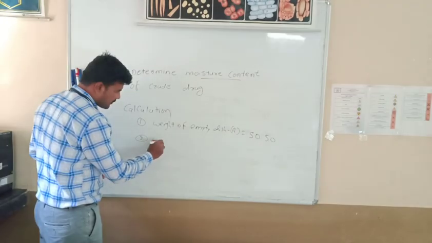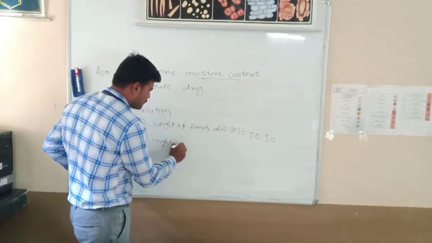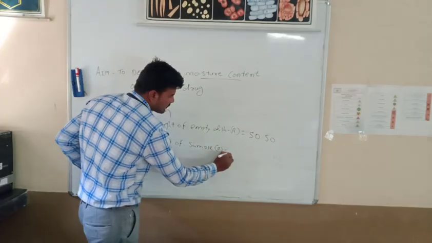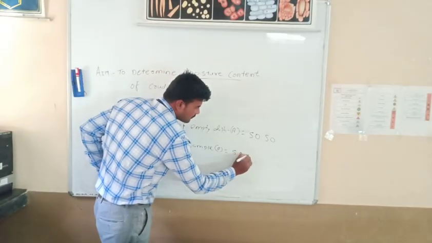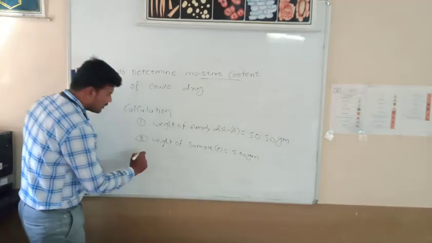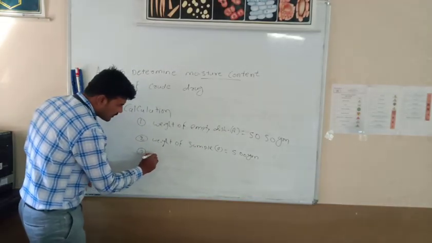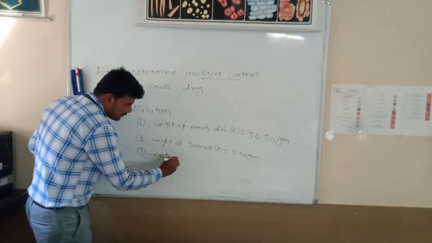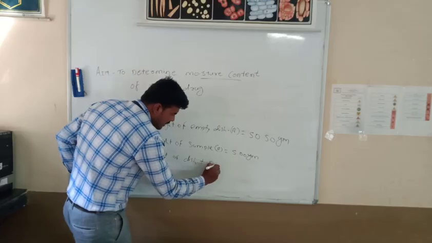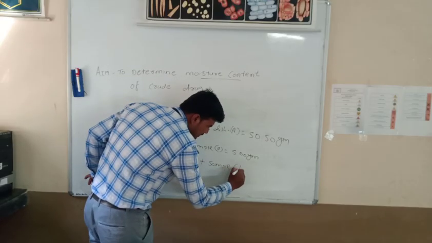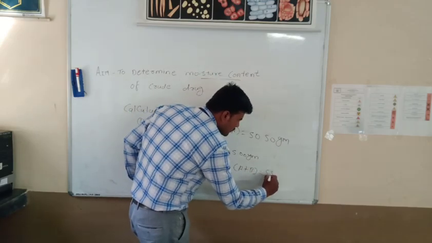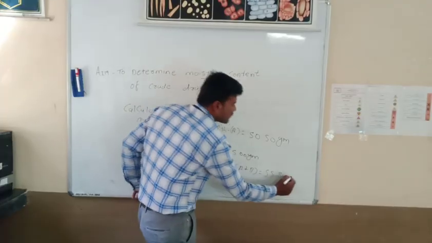Then the weight of the sample, that is B, that is 5 gram. Third, the weight of dish plus sample, that is A plus B, equal to 55.50 gram.